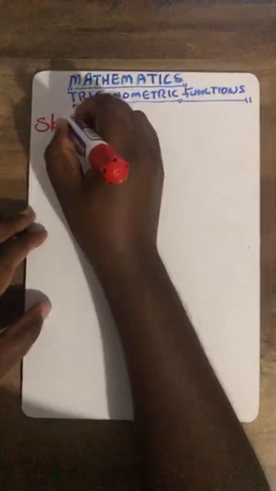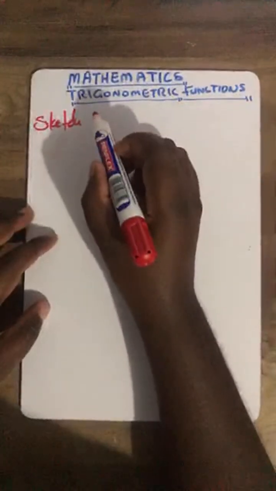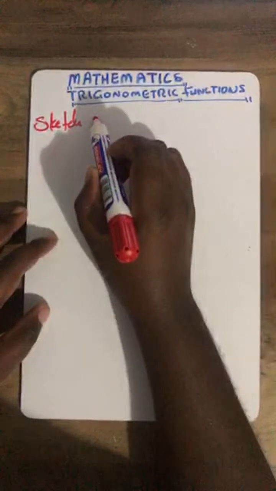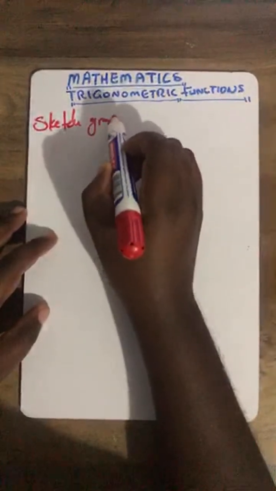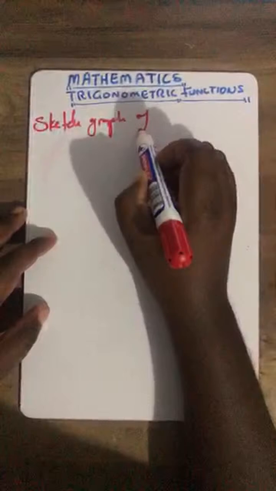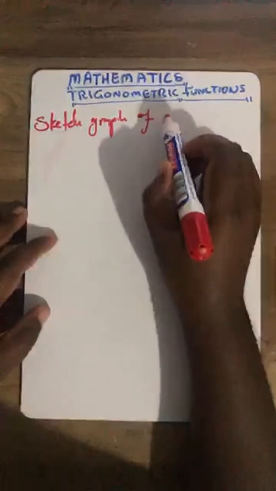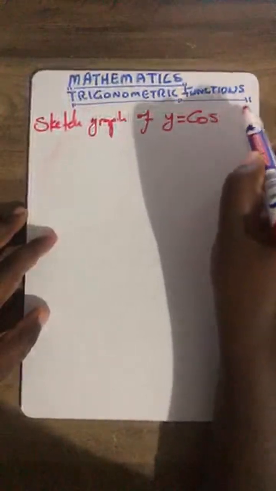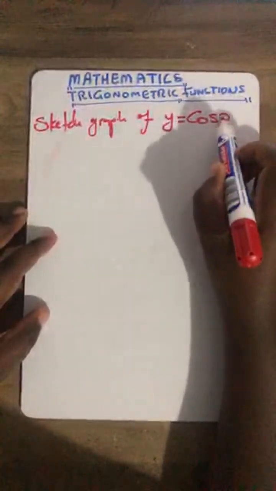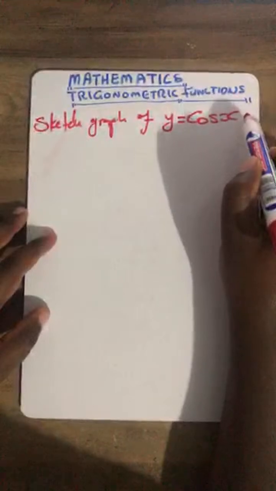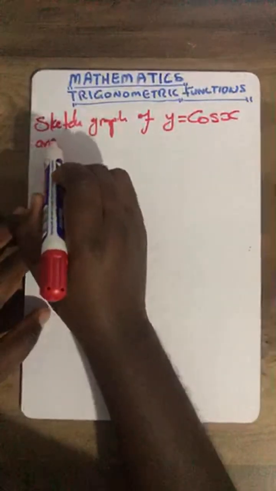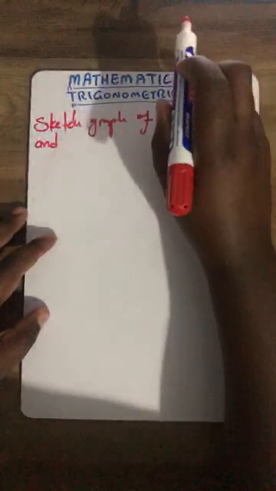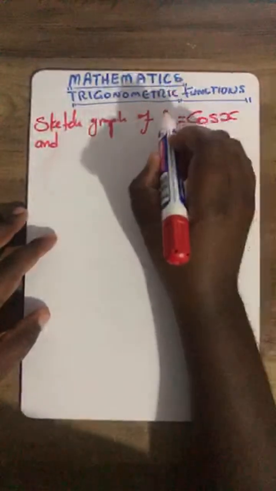So this is what I'm saying, honorable members. Please do sketch the graph of y equals cos of x. And again, on the same set of axes, let's not refer to that one as y, but I'll call it f.